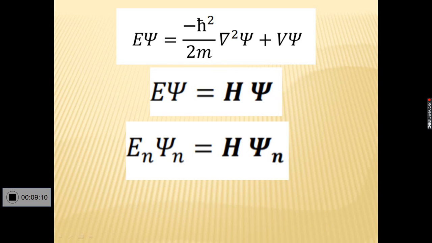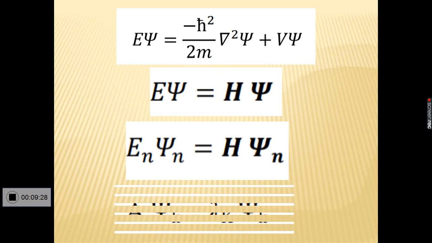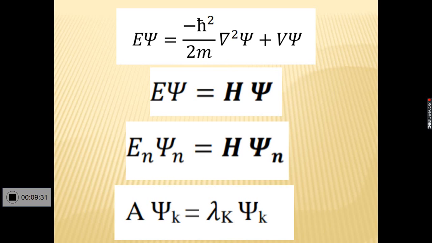In this energy eigenvalue equation, H is an operator and En is an energy value, a scalar quantity, and psi is the eigenfunction, which is a mathematical function. Generally, for every operator we can have an eigenvalue equation.